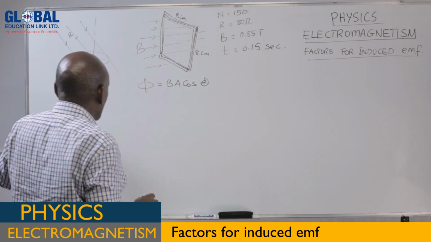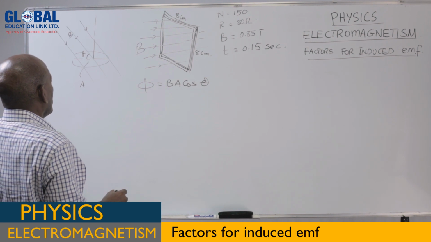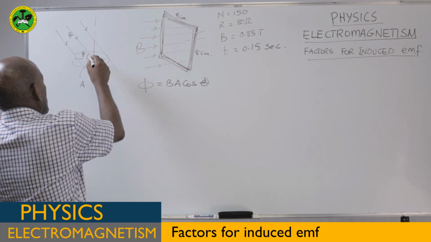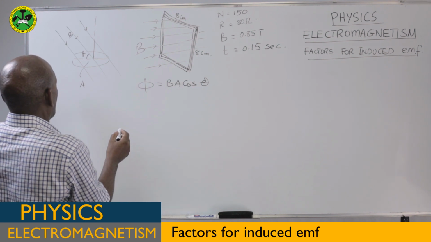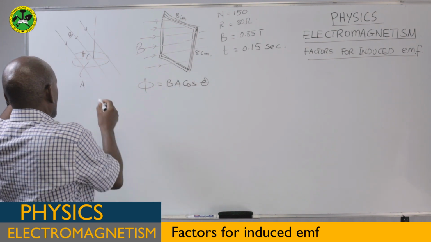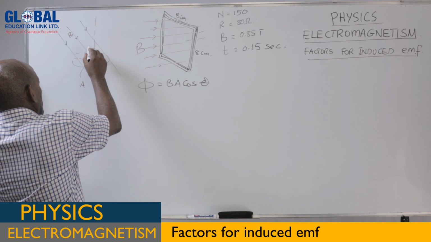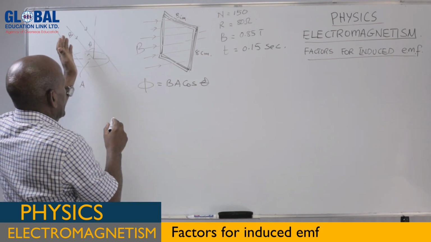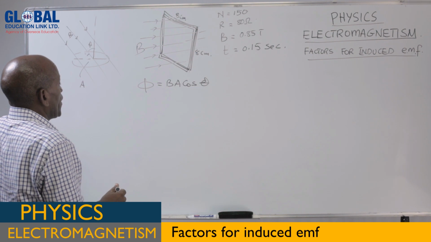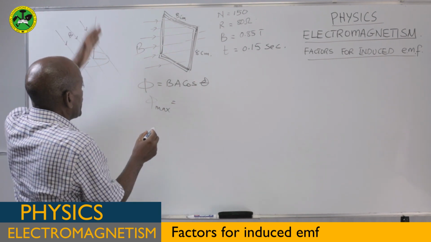the magnetic flux will be maximum whenever this particular field is crossing in a vertical direction, such that whenever the field is perpendicular, we have cos theta equal to cos 0, and that will be the maximum magnetic flux. So the maximum magnetic flux is obtained whenever the field is perpendicular with the area.